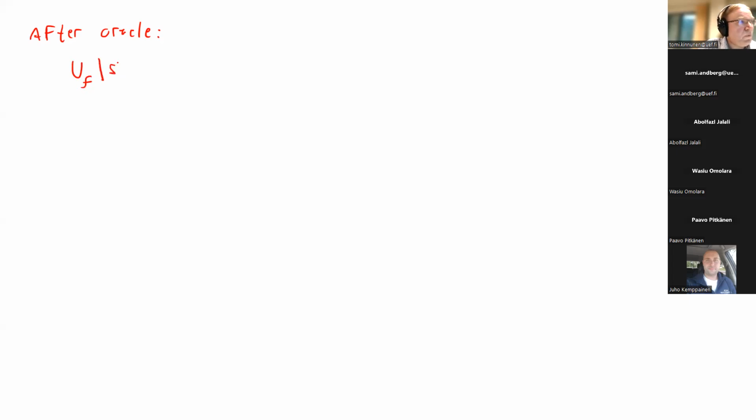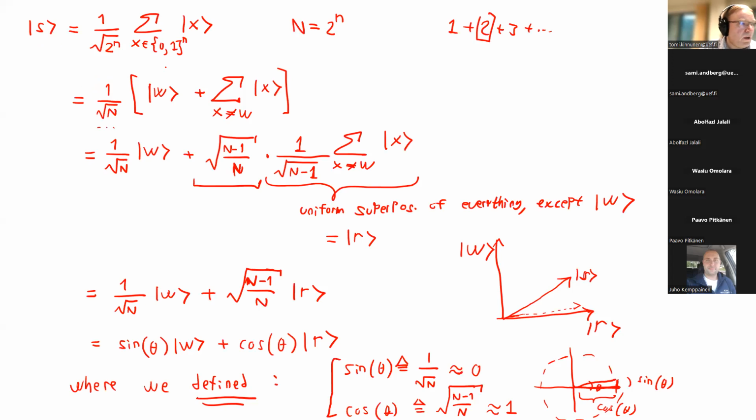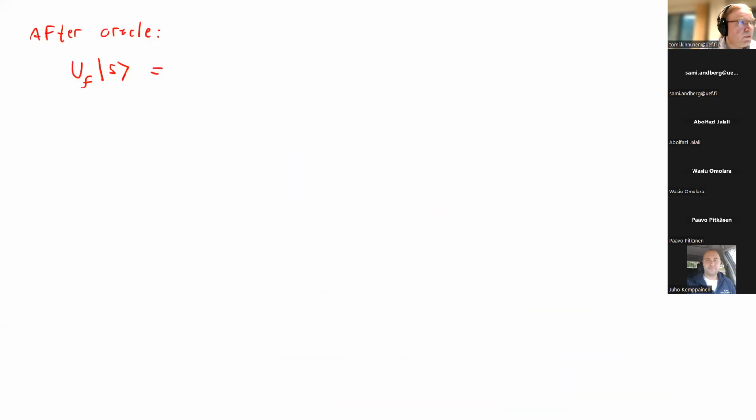And it's operating on whatever state we had, what we indicated by S. Let's see what we had for the S. We had sine of theta times W plus cosine of theta times R. So we have U_f times sine theta W plus cosine theta R.